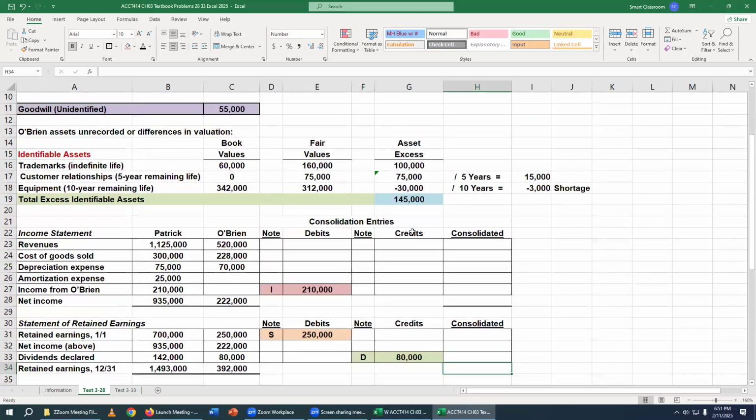Expenses. Expenses are going to be kind of wacky. Okay, the 15,000 customer relationship, this will actually be for amortization. Amortization is just like depreciation, but for intangibles. So we're going to expense, the amortization will increase by, I'm going to do these separately, 15,000, and that's kind of the normal one you would think of.